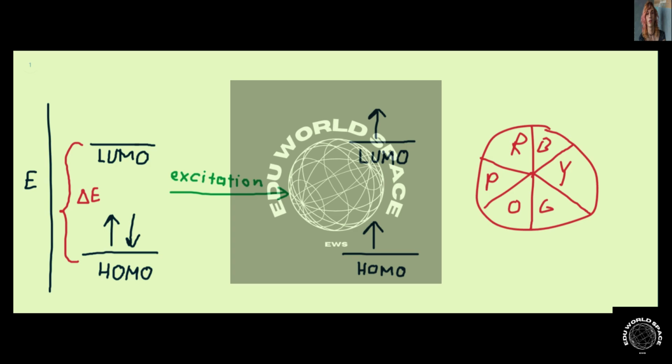So for example, if your sample is green, that means green is being reflected back, and that means red is being absorbed.